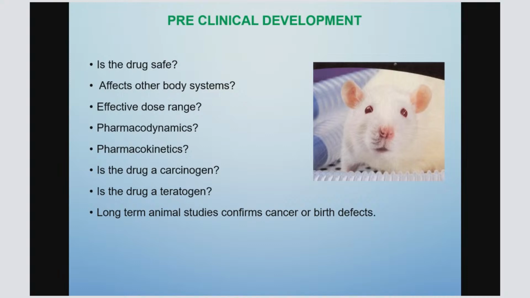Obviously we cannot be experimenting or understanding a drug directly in human beings, and that is one of the reasons that we have the preclinical phase of trials. Here the animals are involved, and this is also a very important phase of this entire process that Sir has been talking about.